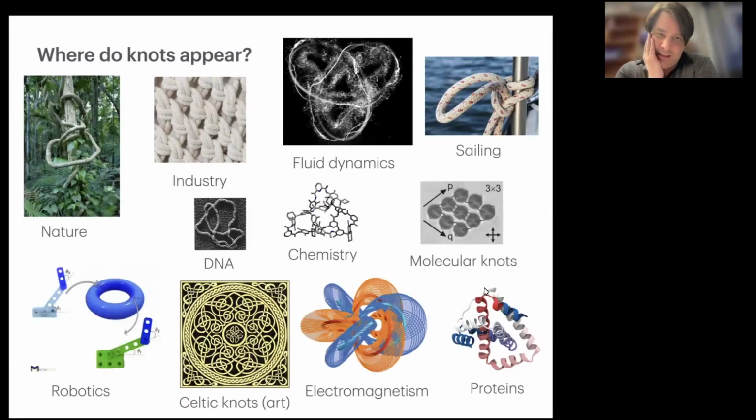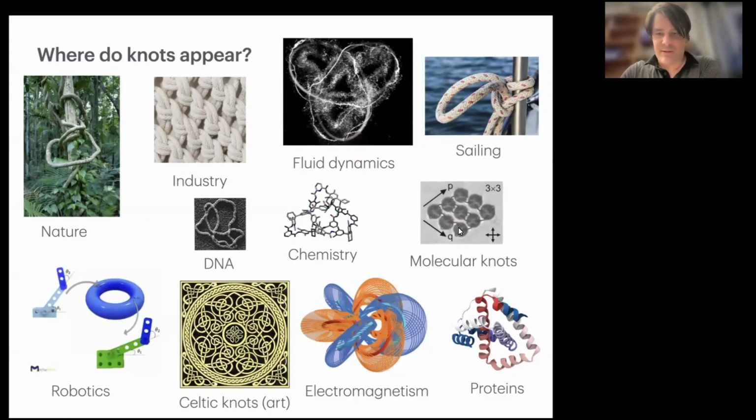Knots appear in various contexts. We can find them in nature, industry, fluid dynamics, of course sailing, DNA, chemistry, molecular knots. Molecular knots are an interesting project done some years ago by a Slovenian team, where they constructed a knot table up to some number of crossings, the smallest artificially created knots, only some nanometers big.